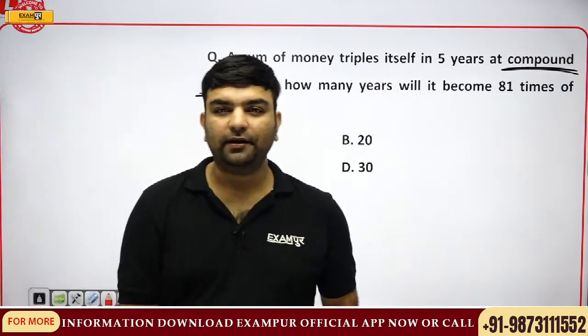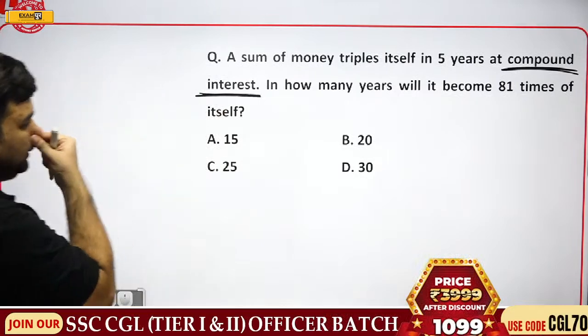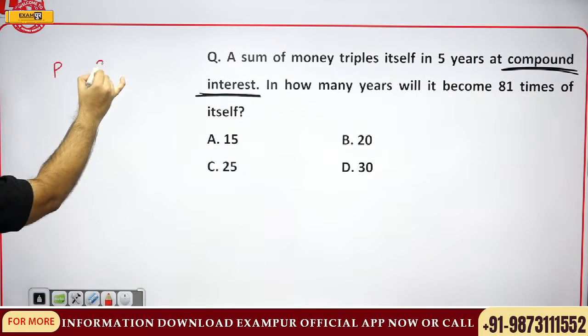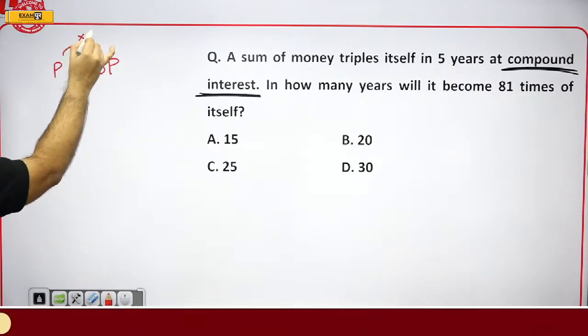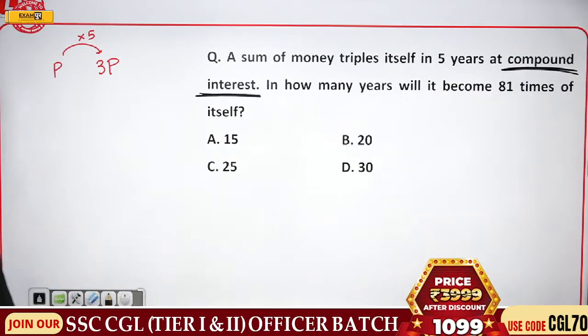For compound interest, the logics are different. P becoming 3P in 5 years. What is the logic for compound interest?